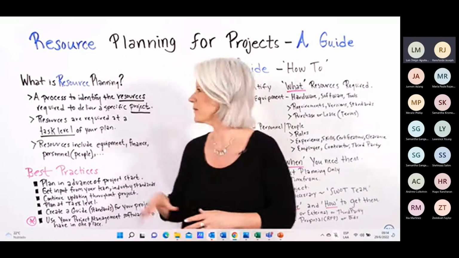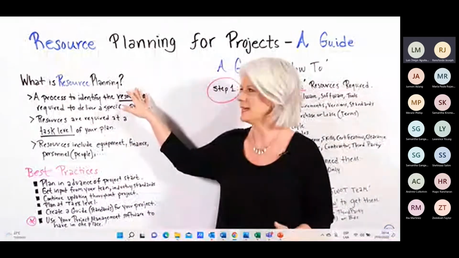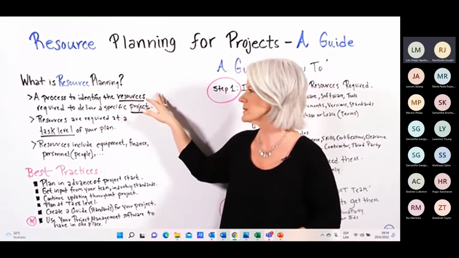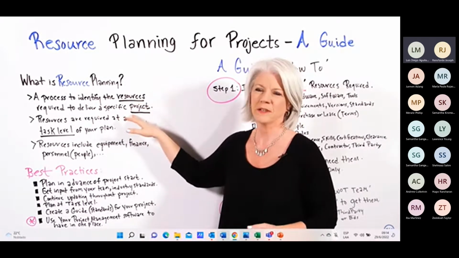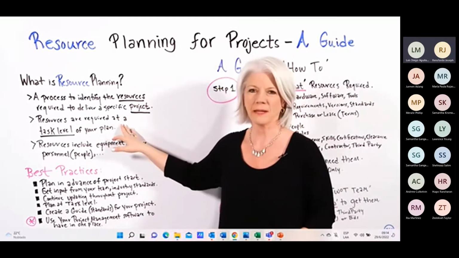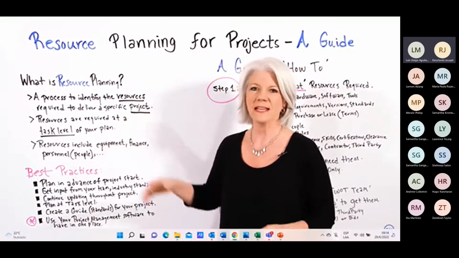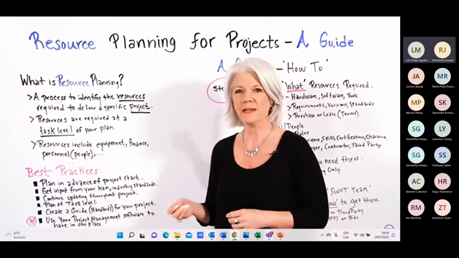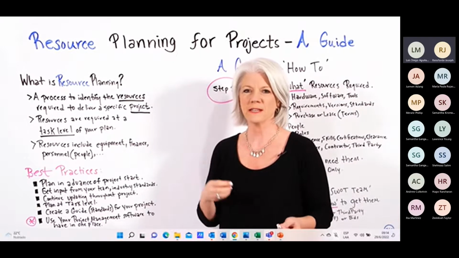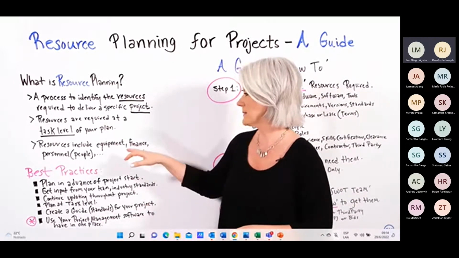So first of all, let's look at what resource planning really is. It's really a process that you go through to identify the resources required to deliver your specific project. It's also done at a task level of your plan because at the task level, that's where you do have people completing that task and you may need some other resources for that specific task.